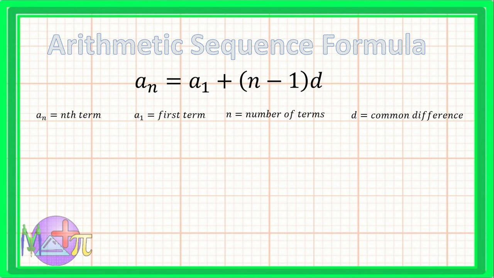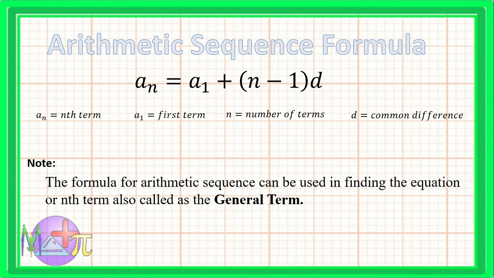Now, before we proceed to the example, always take note that the formula for an arithmetic sequence can be used in finding the equation or nth term, also called the general term. So, sa madaling salita, may dalawang way para makuha yung solution using the general term or using this formula.